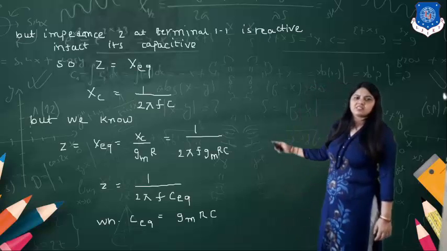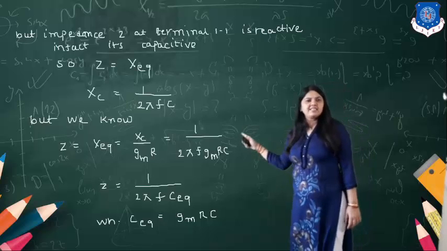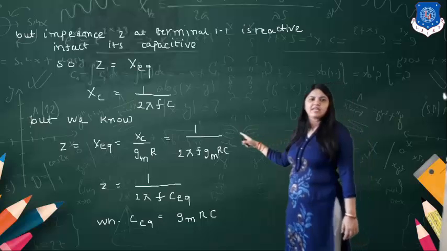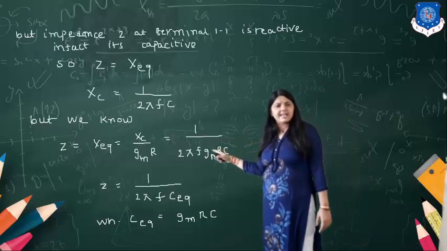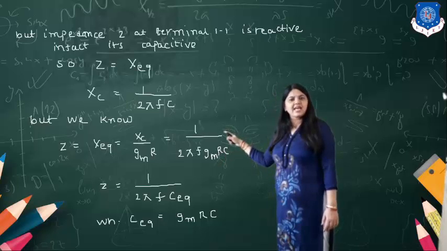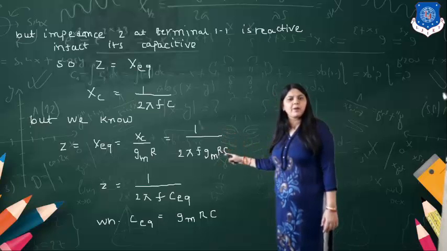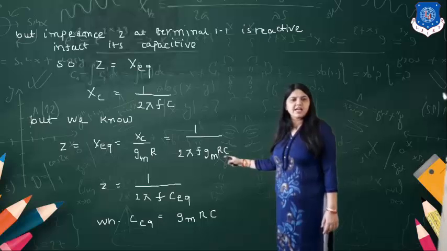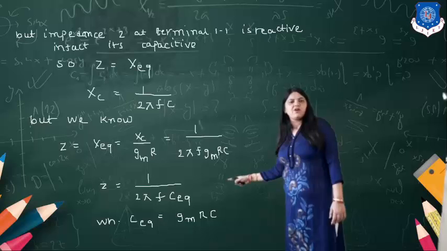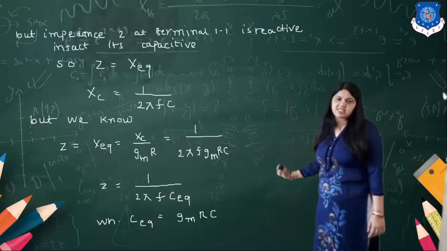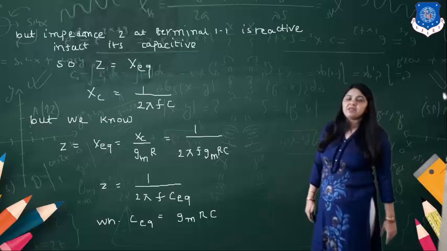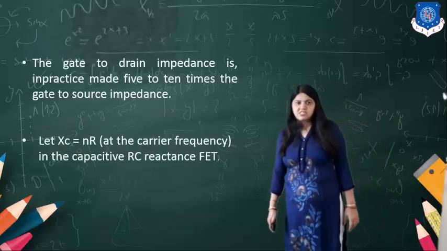According to the previous equation, Z is XC upon Gm into R. So XC is 1 upon 2 pi FC into Gm into R. So Z is equal to 1 upon 2 pi F C equivalent. What is the C equivalent? It is Gm into R into C.